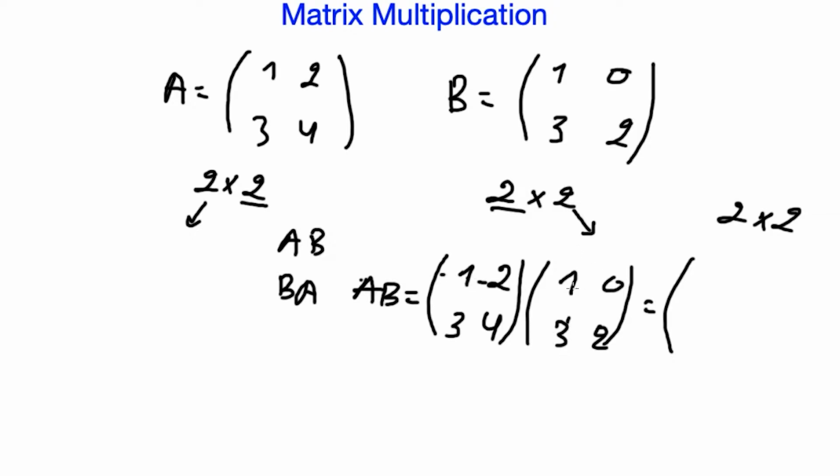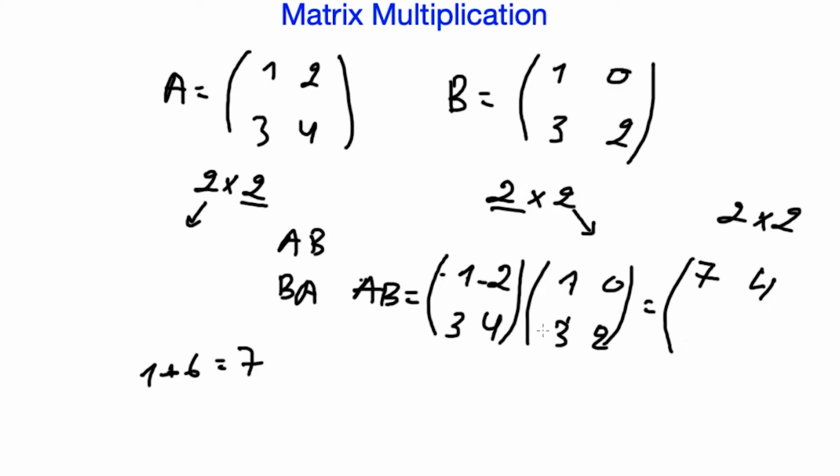So it will be 1 times 1, which is 1, plus 2 times 3, which is 6, so we get 7. The entry at this position is this row with this column: 1 times 0 is 0, and 2 times 2 is 4, so it is 4.